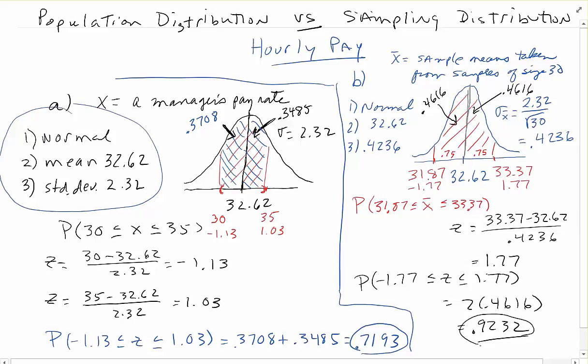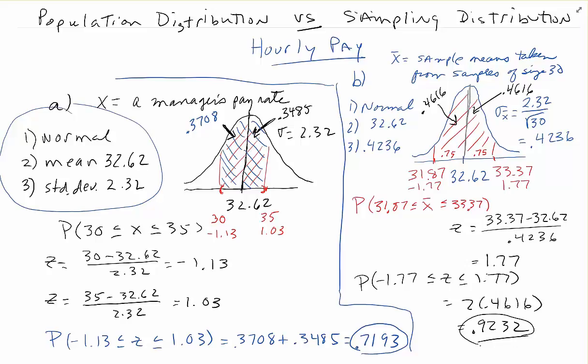The first part was talking about the probability of an individual manager's pay rate. So I was talking about the population distribution, and the standard deviation is 2.32. But in part B, I was taking a random sample of 30 managers at a time and calculating the average pay rate for the 30 in each case.